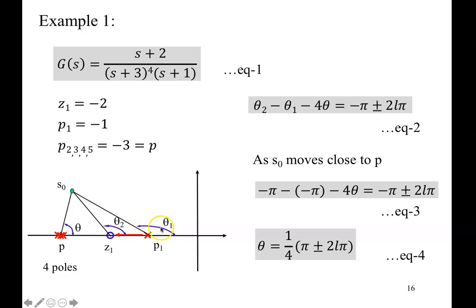This will give me a pi as I move s naught towards the multiple pole. So minus pi cancels that pi out, and I get theta equals 1 over 4 times pi plus minus 2l pi.